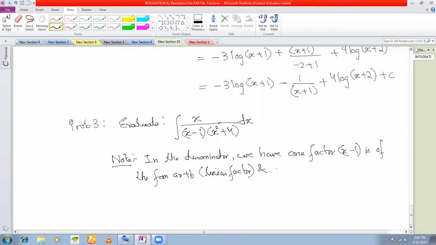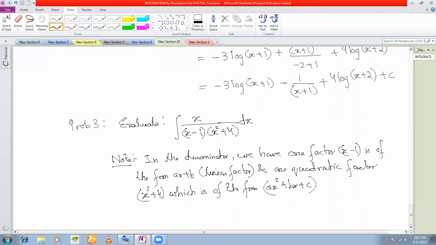And one quadratic factor x square plus 4, which is of what form? ax square plus bx plus c, isn't it? Yes, sir.